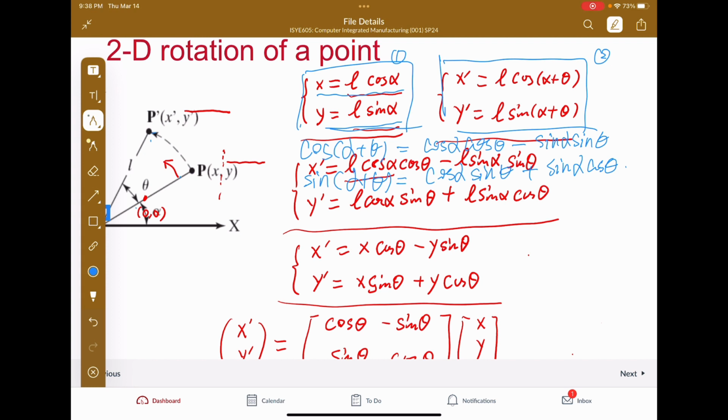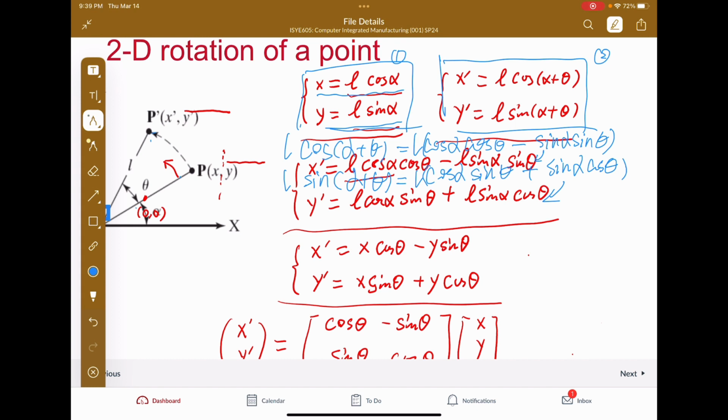So multiply by L, both the left and the right side, and you will get this. And these two equations are exactly the same as these two. So that means after we split up alpha and theta, we can have these two equations.